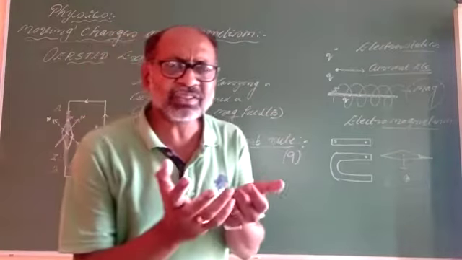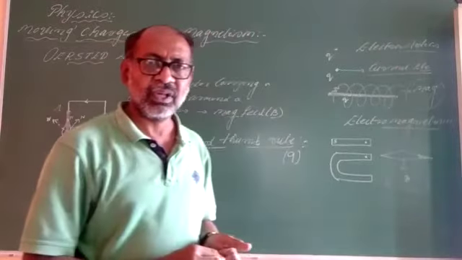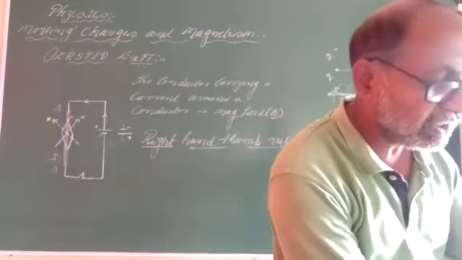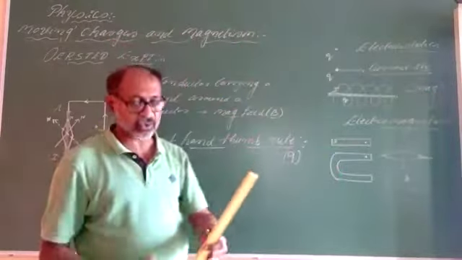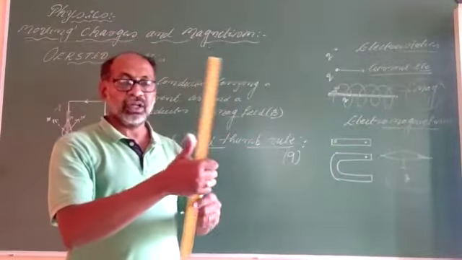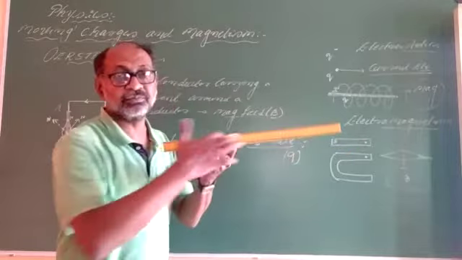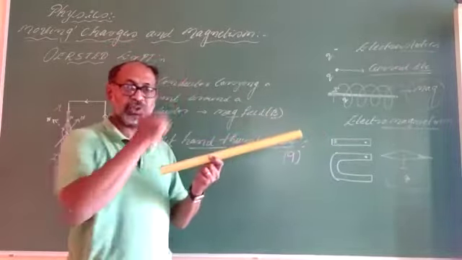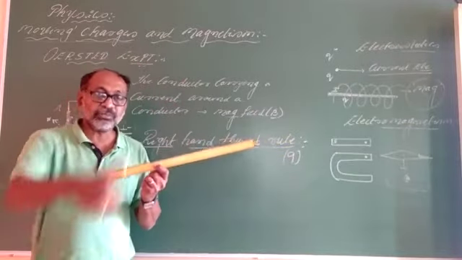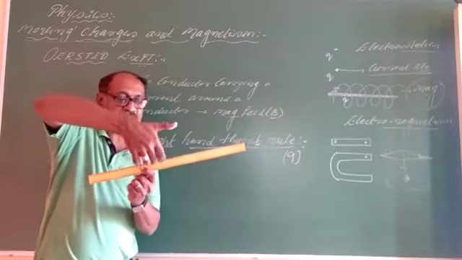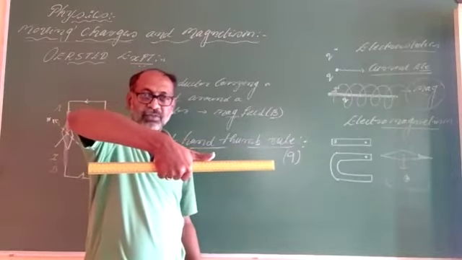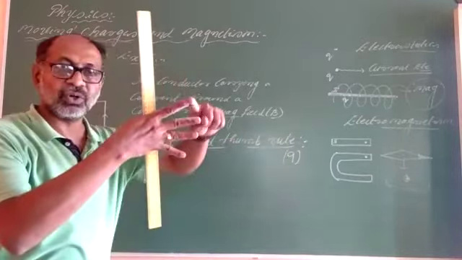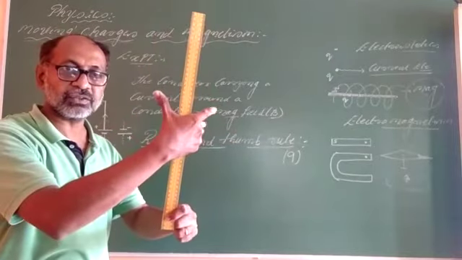What does this particular law say? Imagine you are holding a conductor in your right hand. Here I'm using a scale itself. This is the conductor, and this conductor is carrying a current in this direction. The thumb is outward, like this, and all other fingers I'm holding like this.